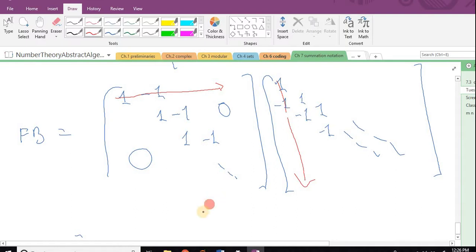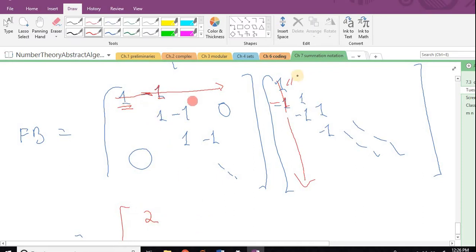Any ideas? You get 1 here times 1 here, plus negative 1 here times negative 1 here. So it's 1 plus 1, or 2. So in fact you do get 2 here.